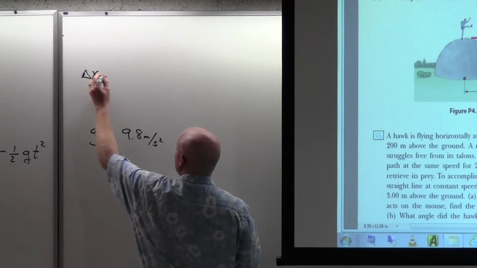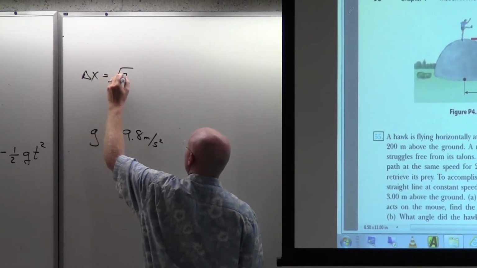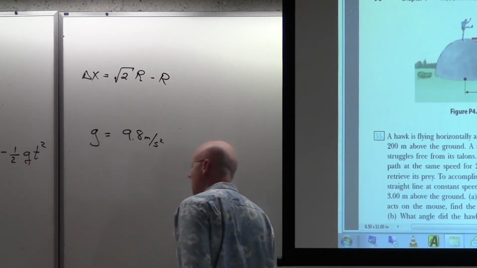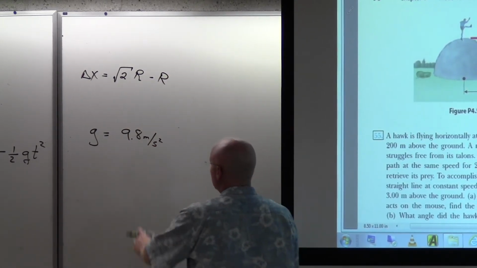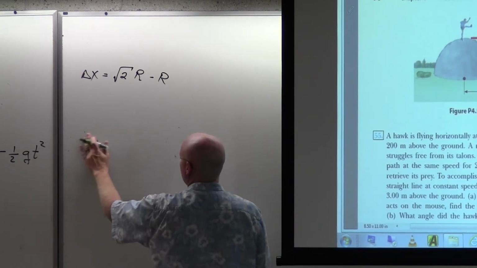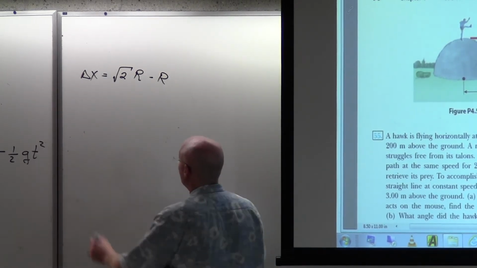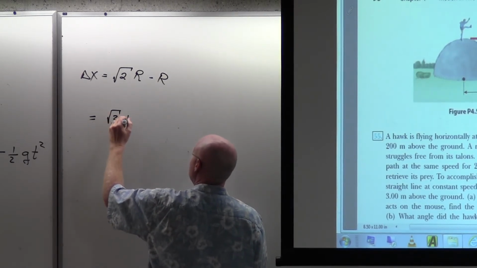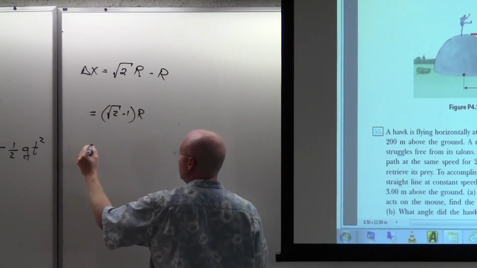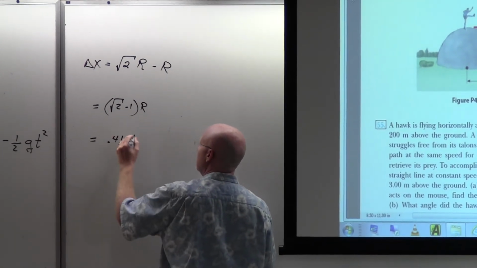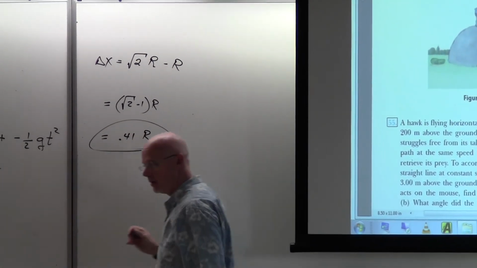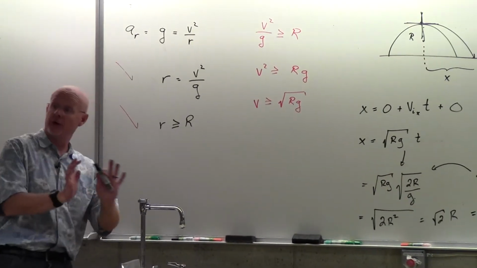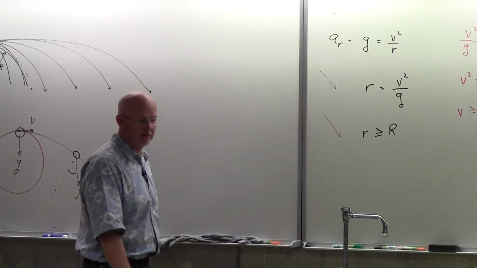I would say it lands at root 2r, and I'll subtract off the base of the rock. And so what I would get is root 2 minus 1 times r, which in its decimal equivalent is 41% of r. That's how much further beyond the rock it would have to land.